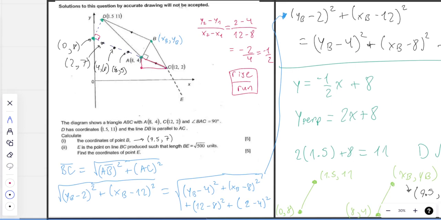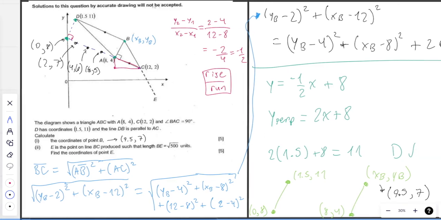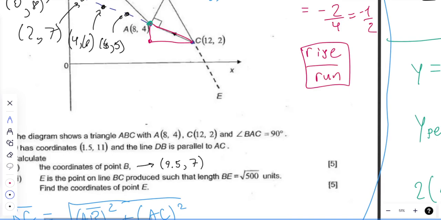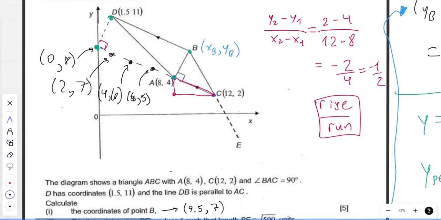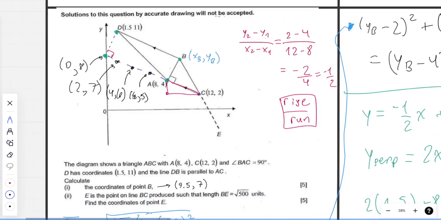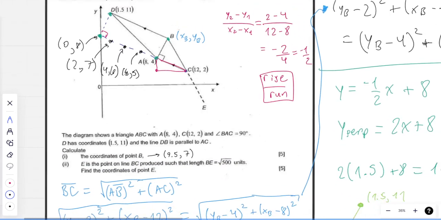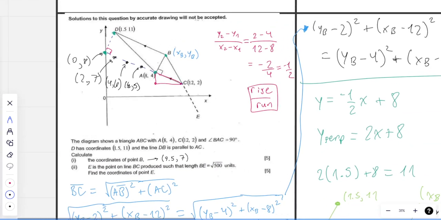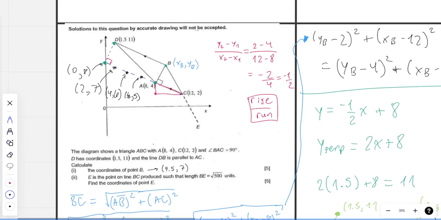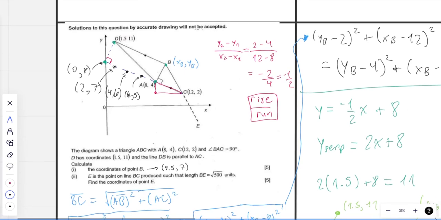Find coordinates of point B. Use a DB equation. Okay, what do you mean, solve for the DB equation?